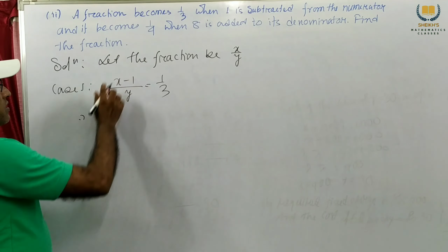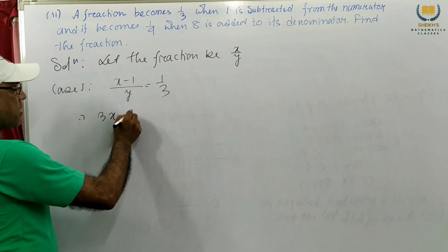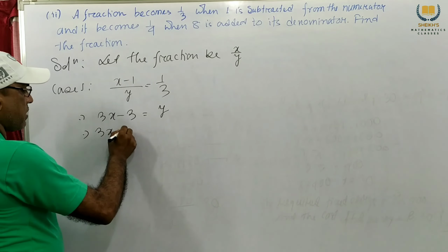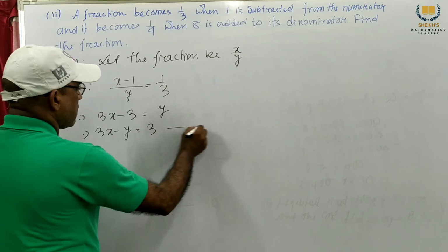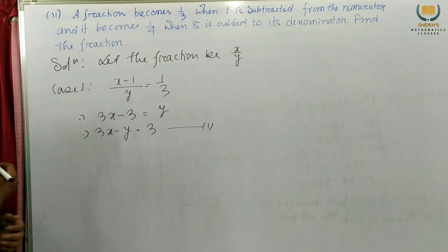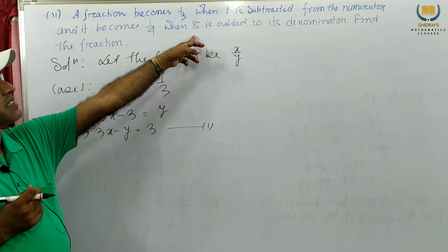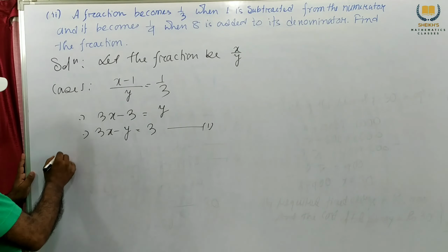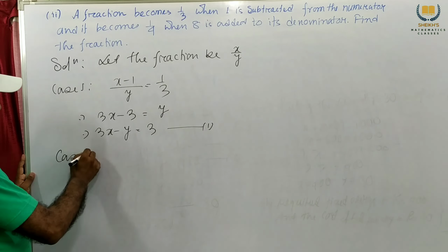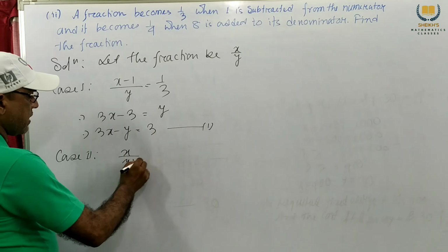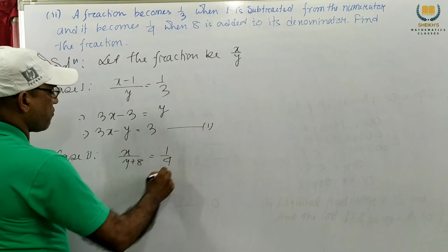So cross multiplication, 3x minus 3 equal to y, 3x minus y equal to 3. This is number 1. And it becomes 1 by 4 when 8 is added to its denominator. Case 2: x by y plus 8, it becomes 1 by 4.